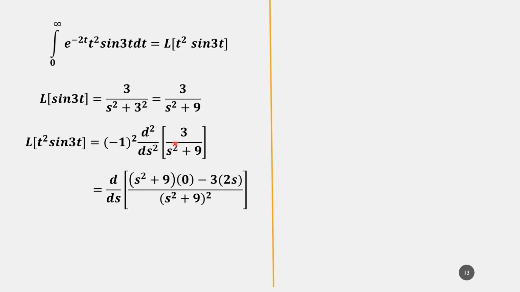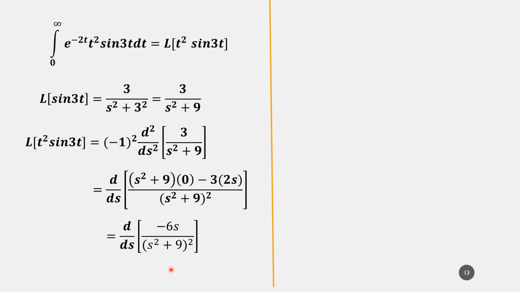So differentiating 3 upon s square plus 9 2 times, we can apply u by v again. The first derivative we calculate by using u by v, so v du minus u dv upon v square. Simplifying, because the first term will become 0, we get minus 6s upon s square plus 9 the whole square.